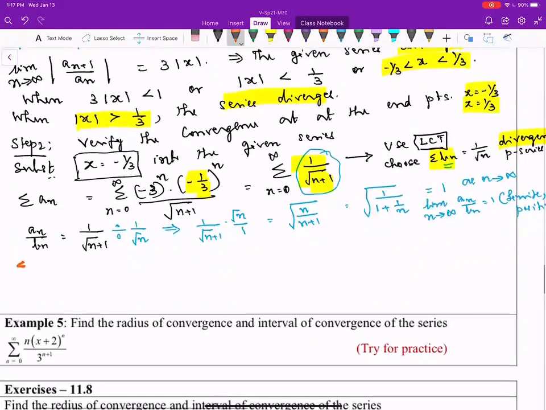So sigma an diverges by limit comparison test. What it means is at x equal to negative 1/3, the series diverges.